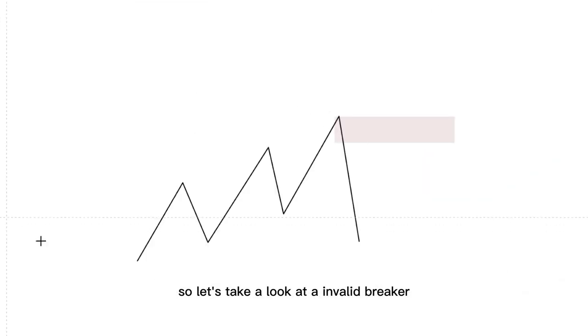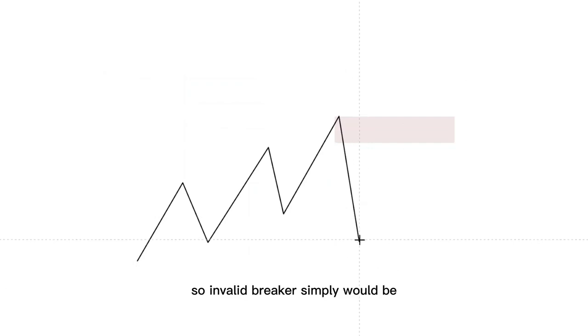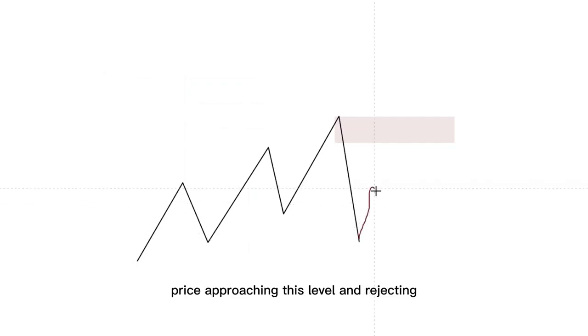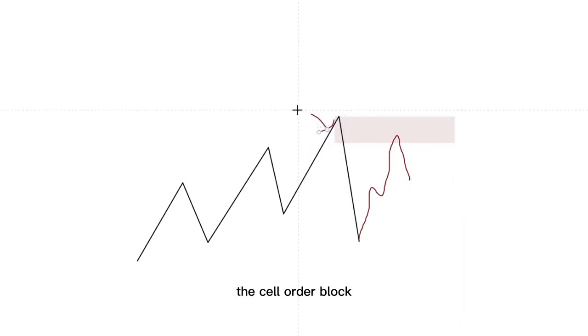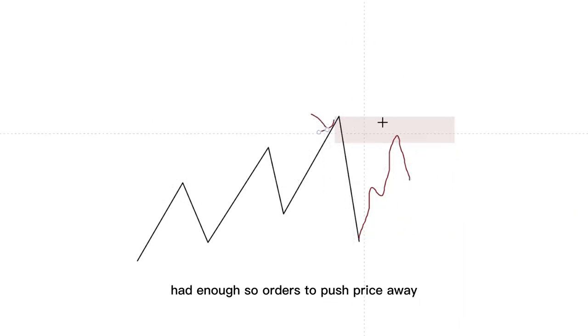So let's take a look at an invalid breaker. So an invalid breaker simply would be price approaching this level and rejecting. This would be a sign that this sell area here, this sell order block, had enough sell orders to push price away.